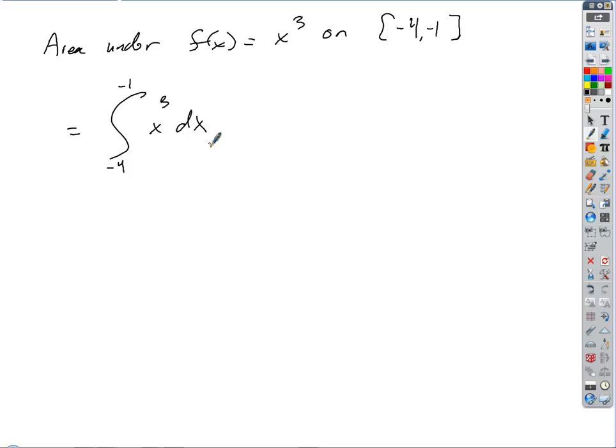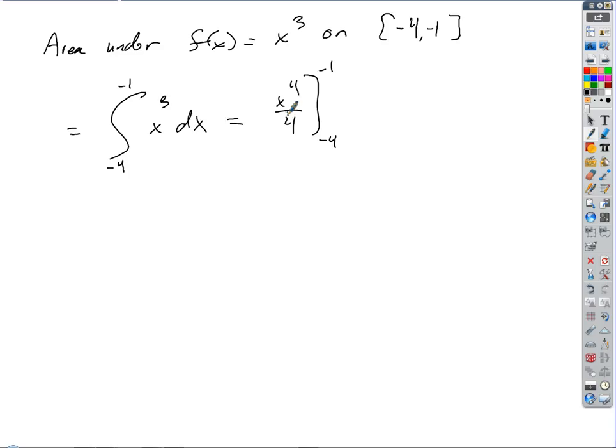One second, I'm almost there. I don't need the numerical answer. What's x to the 4th evaluated from -4 to -1? Okay, so here's the other thing we talked about yesterday, right? We could write this as -1 to the 4th over 4 minus -4 to the 4th over 4.